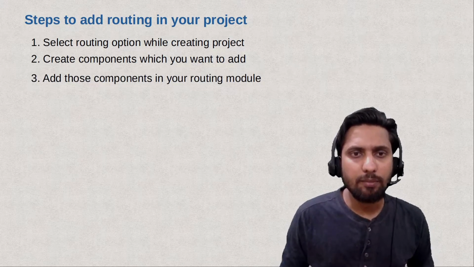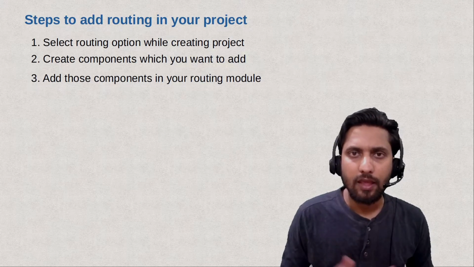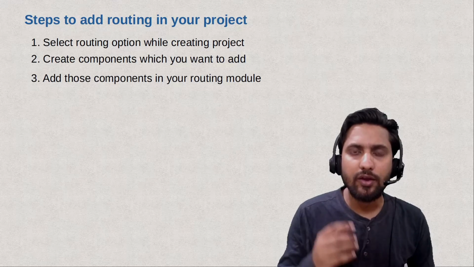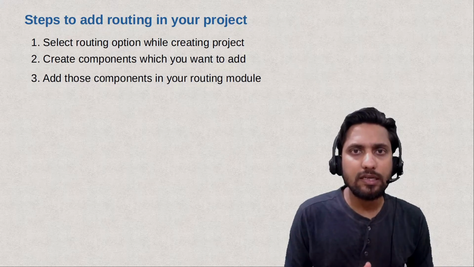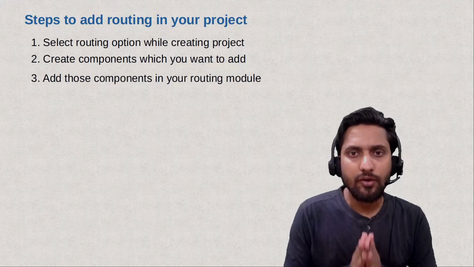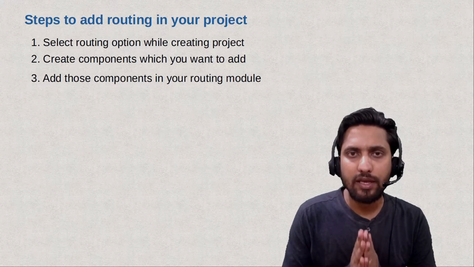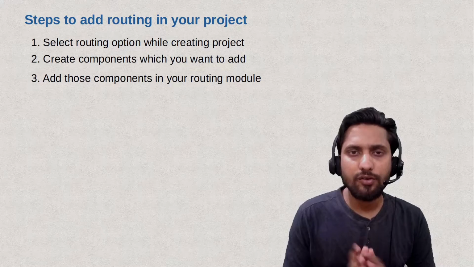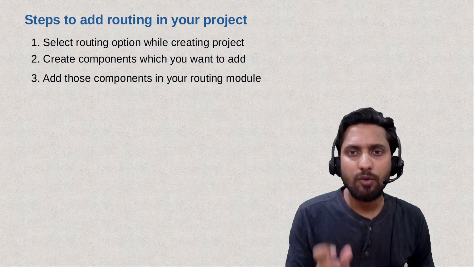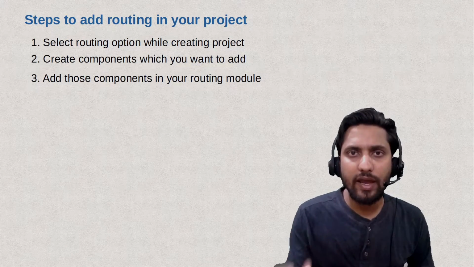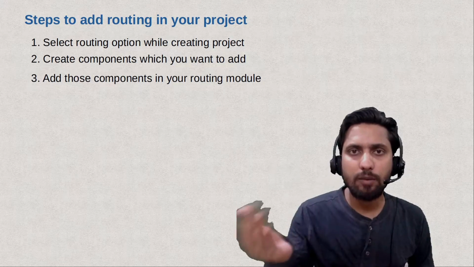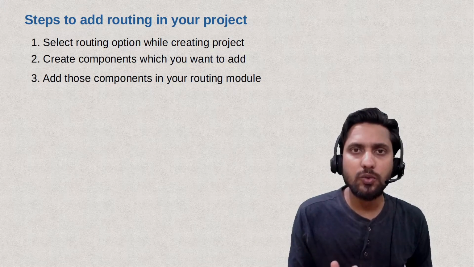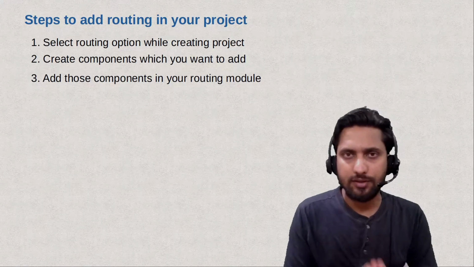In the third step, add those components in your routing module. As I have told you, Angular will automatically create the Angular routing module for your application. By default, it creates one routing module file. So we need to first add those components which we are going to navigate.